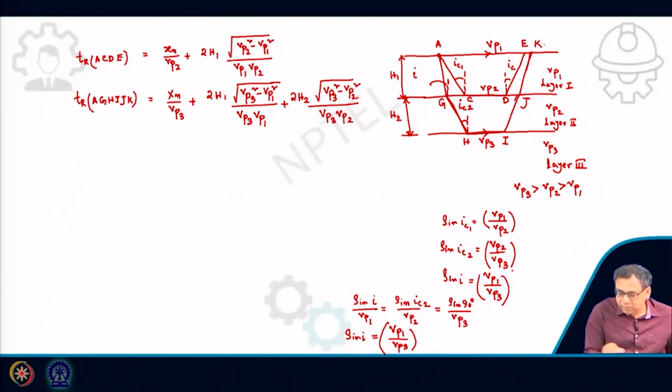So, these are the two equations, and obviously there is also a direct equation, that is Xn divided by VP1. So, I have three equations now in this case.